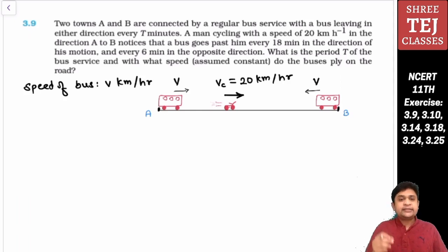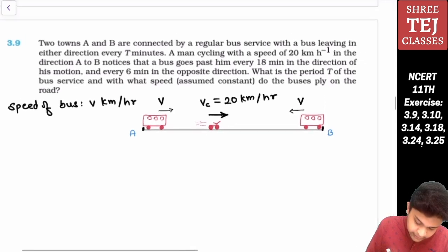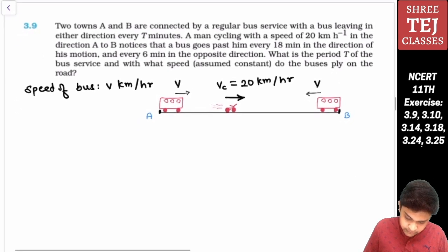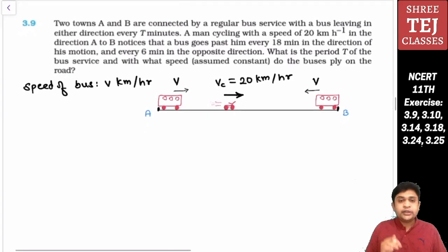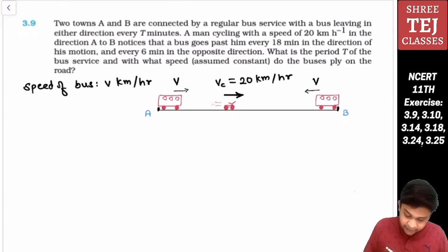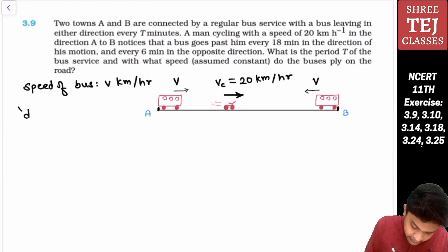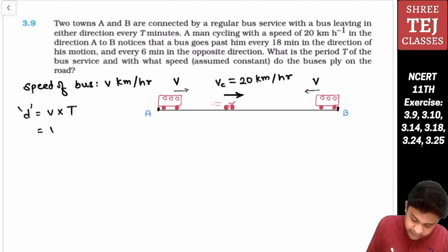Now, as the bus is passing the cyclist, we will calculate first the distance between two buses. Now, if bus leaves every t minutes, so distance d between every bus will be speed of bus v multiplied by time period t, which is vt.